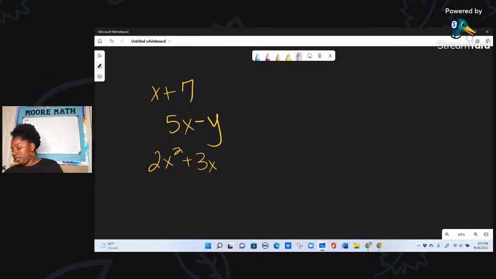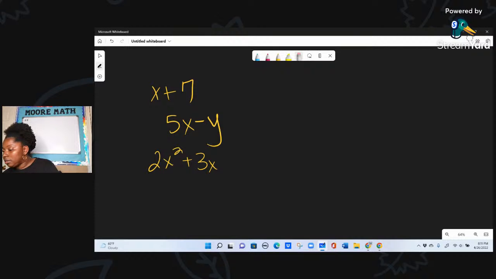You see how this says degree 2? Whatever the biggest degree is, that's what it goes by when it's polynomial. But when it's monomial, it's just one. That's when you add them together. That's when you're finding a degree. They want to know if it's going to be even or odd.